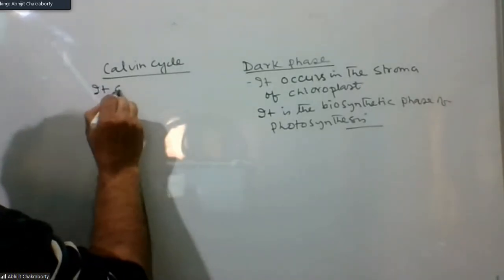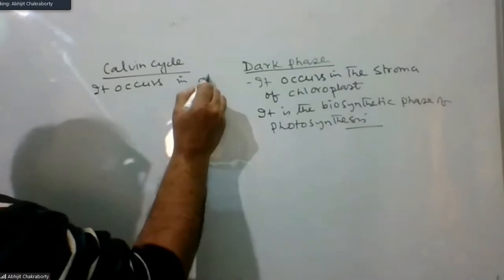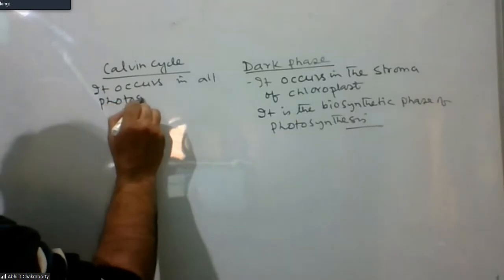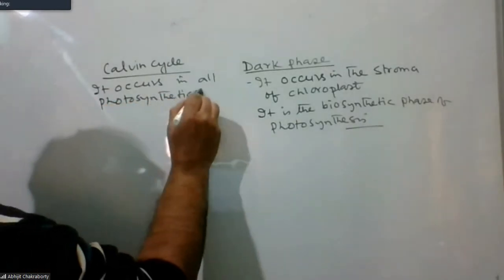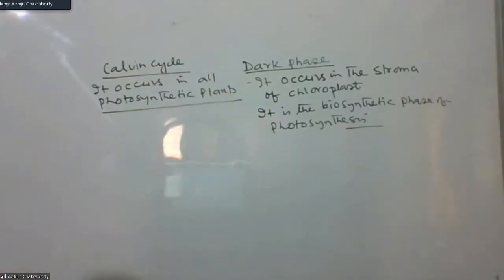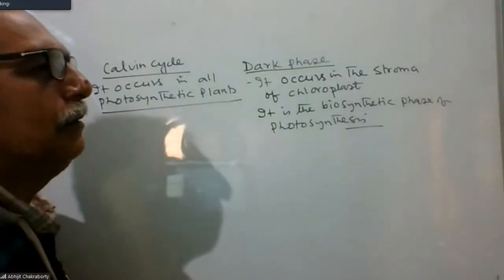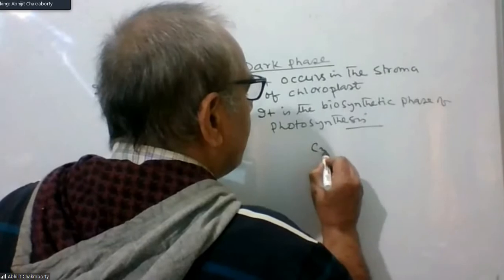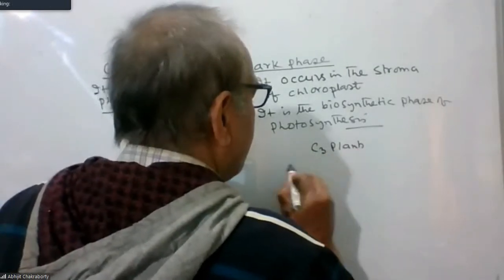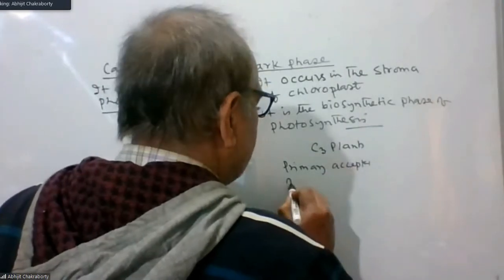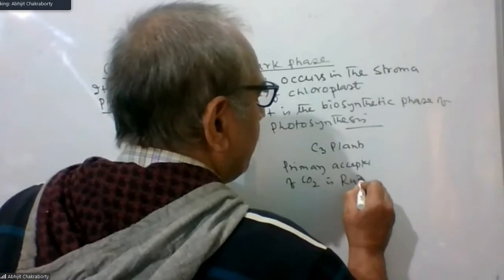So the Calvin cycle occurs in all photosynthetic plants. That means whether they are C3 plants or C4 plants. Actually, there are two types of plants. In C3 plants, the primary acceptor of CO2 is RuBP.